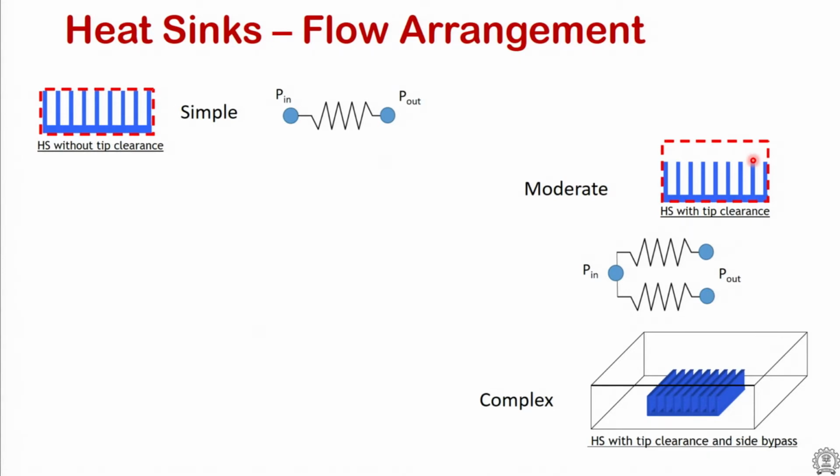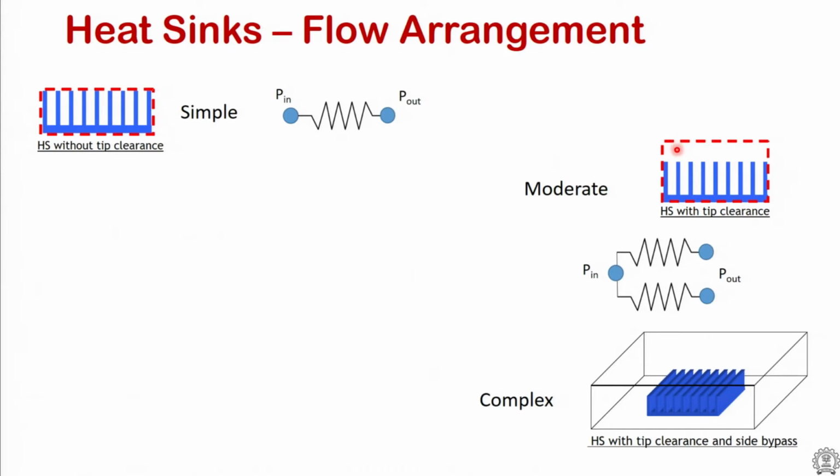If you leave that gap too large, there is a lot of bypass flow. But one has to leave it because manufacturing tolerance issues may pop up, so typically a gap on the order of a millimeter or so is left, and that is the case described here. Again, the red dashed line is the cross section, and at the top there is some tip clearance.